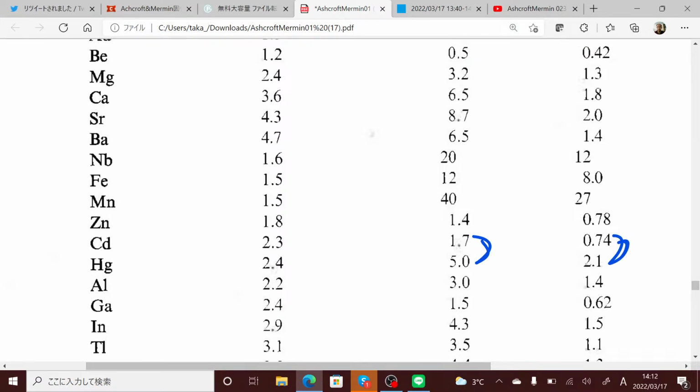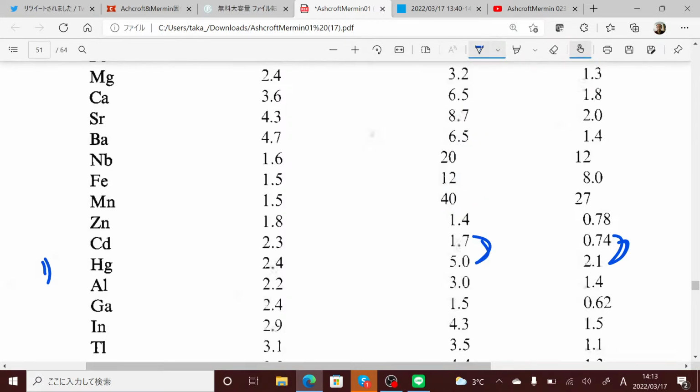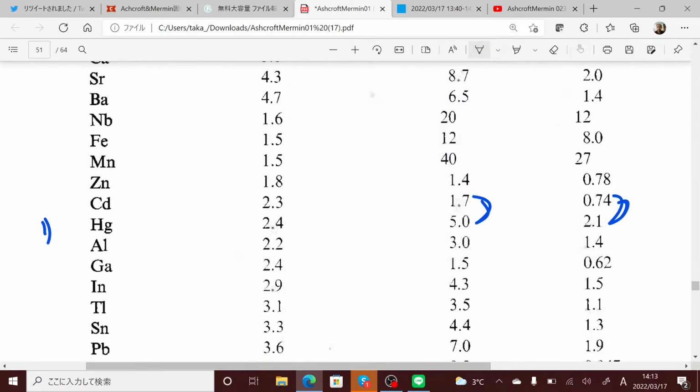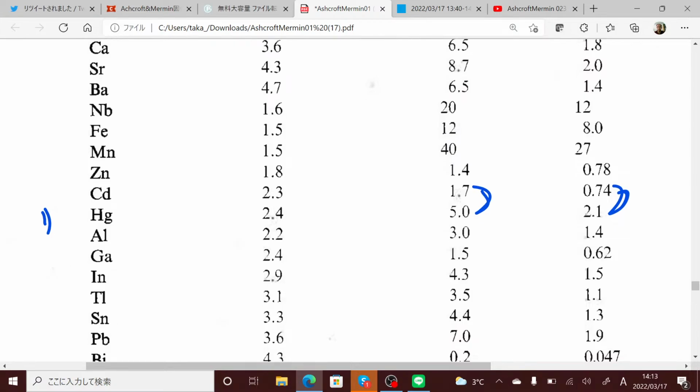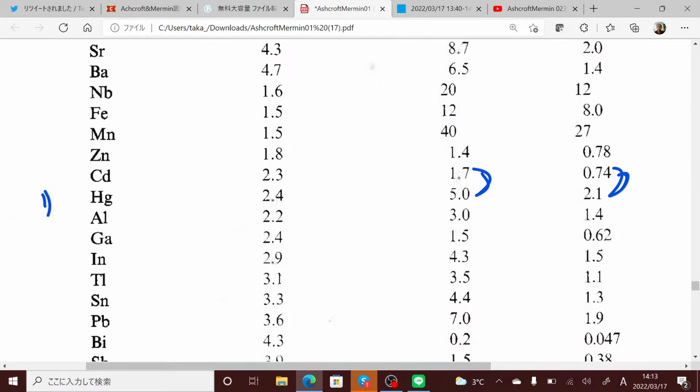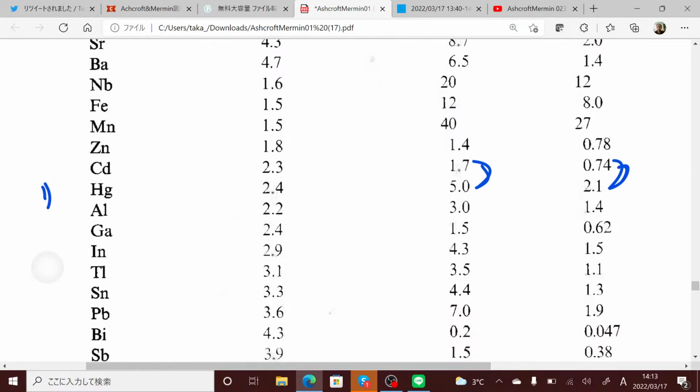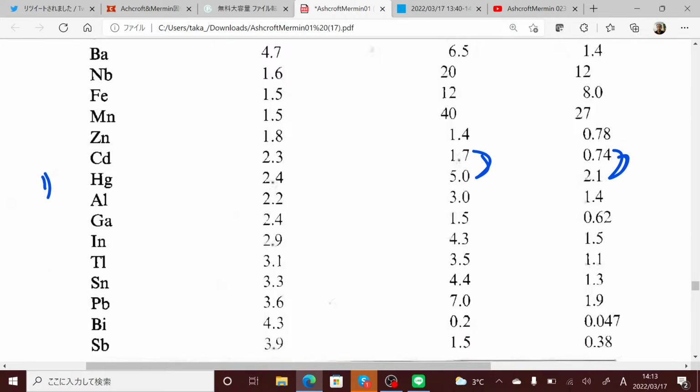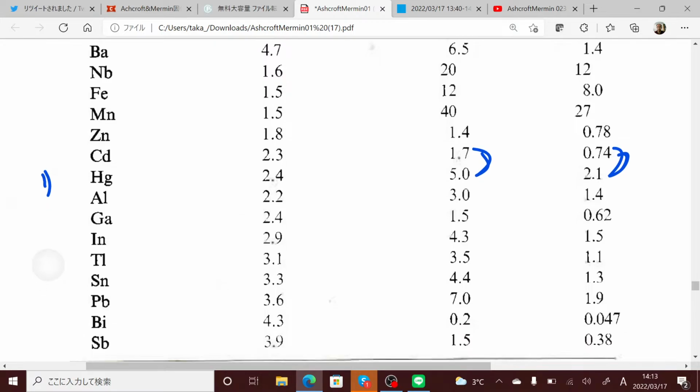Aluminum, gallium is light. Electron mass of gallium is light. Indium, not so heavy. Thallium, tin, lead.